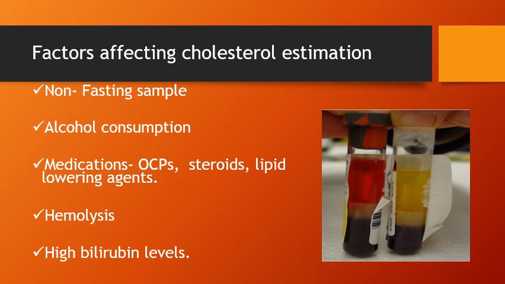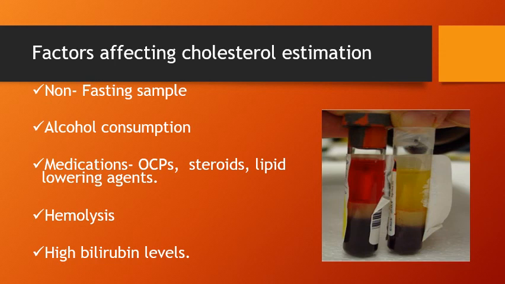If the patient is taking alcohol, or the previous day if he has taken excessive amounts of alcohol, that also influences total cholesterol levels. Certain medications like oral contraceptive pills, or if the patient is on certain steroids or lipid lowering agents like statins, there may be a biased value of total cholesterol on estimation.